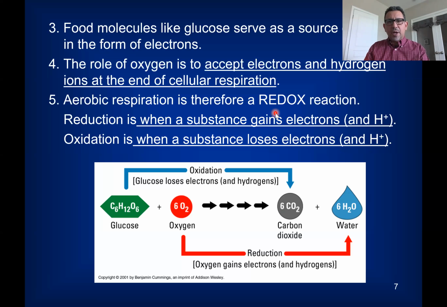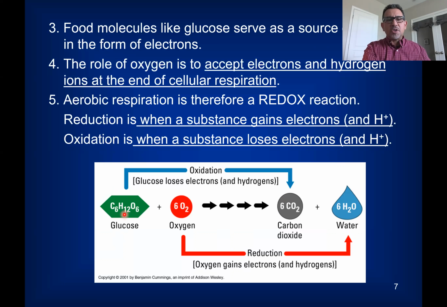Let's apply these two concepts to this summary of the equation for cell respiration we have for aerobic respiration. So glucose, in this case, is going to be losing electrons, and because glucose is losing electrons, it's being oxidized. It's when a substance loses electrons and hydrogen ions.